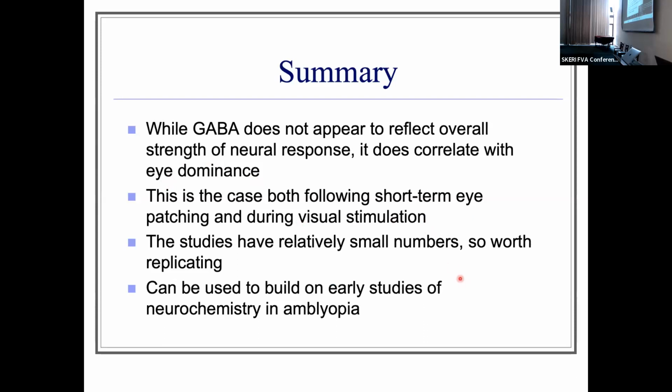But these studies do have relatively small numbers, so it would be worth replicating, and also building on to see whether it extends to amblyopia, because there is a study by Dennis, who I think is there, showing that there is some correlation of GABA in amblyopia, but it would be worth doing that with larger populations.